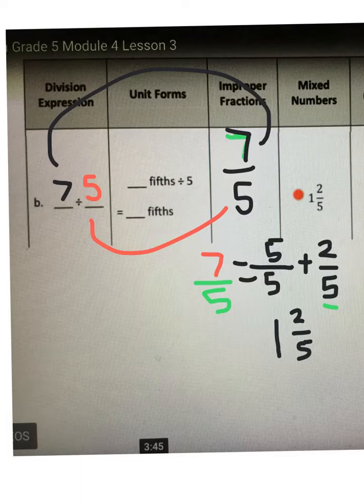So how many fifths are we going to have? We're going to have 7 groups of 5. So we're going to go 7 groups of 5. 1, into one group.